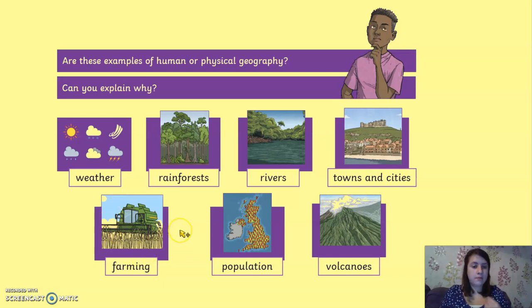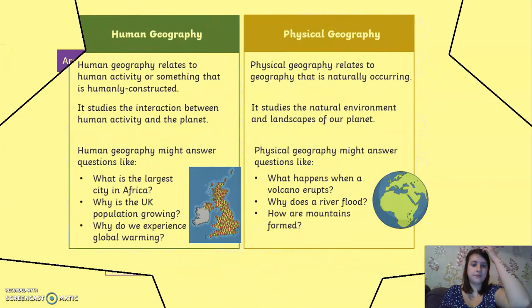Farming is also human geography because it is the process of us growing and picking and selling and doing lots of different things to do with nature, even if the things are naturally made. Some of them are constructed by humans, okay? So you plant things as well. So some things, as you can see, may be physical geography, but can be affected by human geography as well. So some things come into both categories.